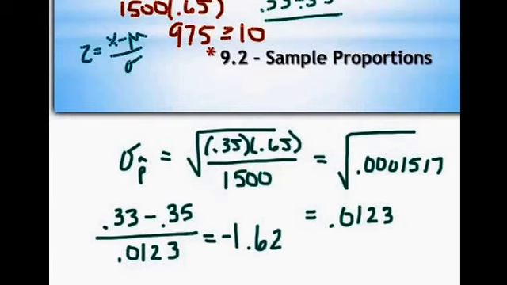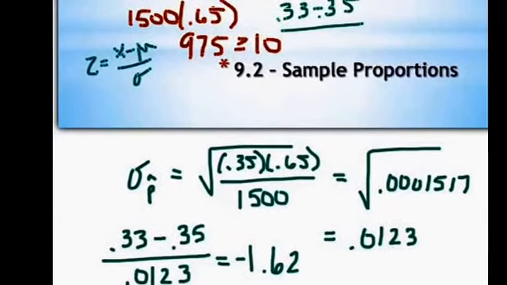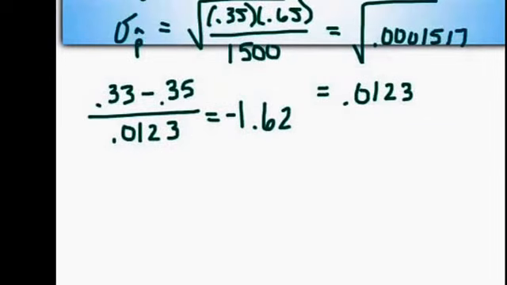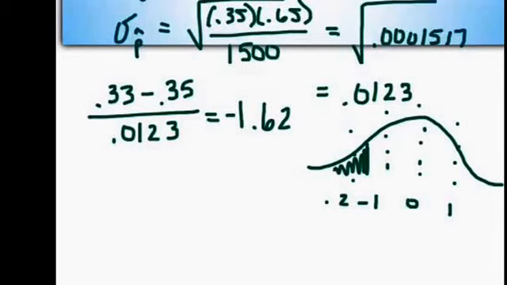And if I look that up in my z-score table, I don't have one, so I'm going to approximate here. And really quickly, let me draw my curve. So 1.62 is about right here, and the area under this is 0.0526.